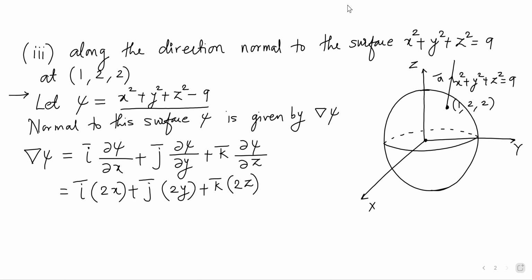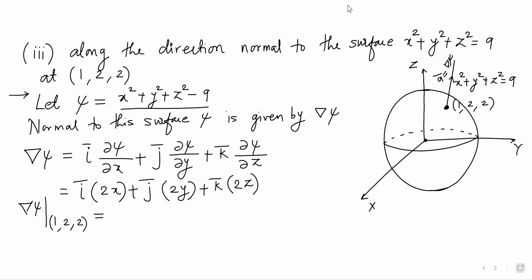But we have to find this at a particular point. So what is this A bar actually? It is del psi. Here we'll calculate this del psi at the point (1, 2, 2).